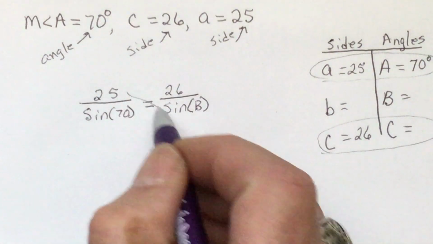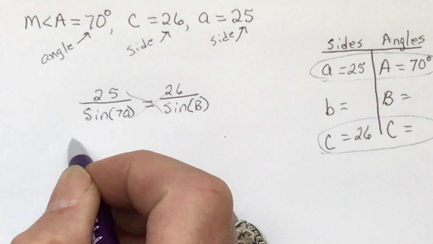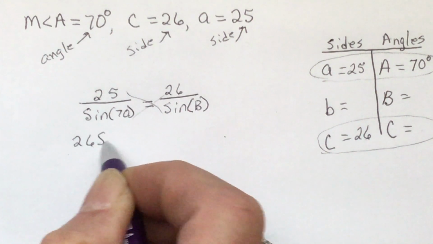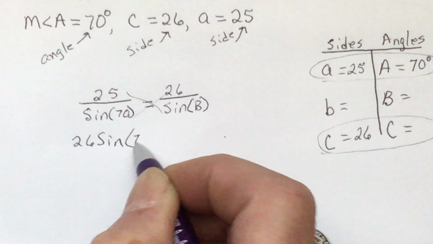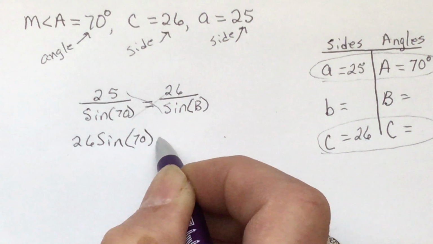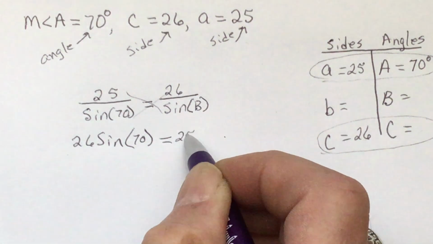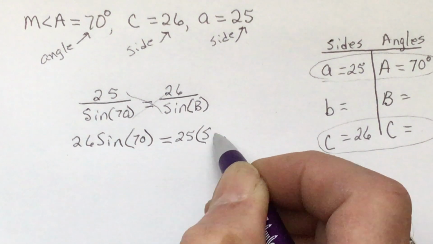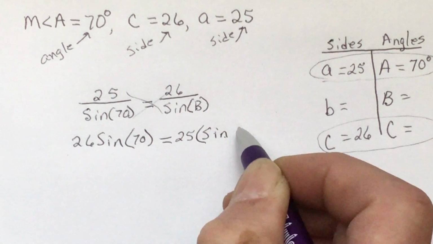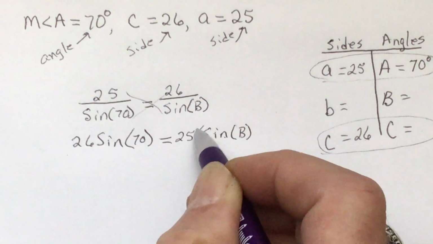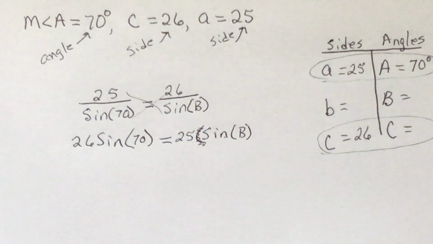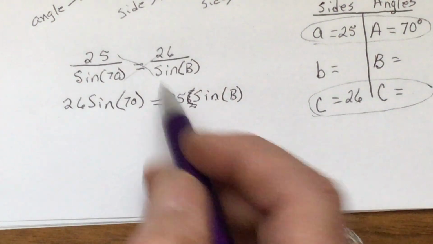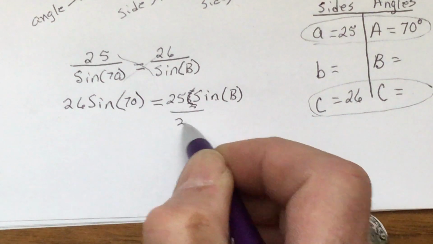Okay, cross multiply. So 26 sine of 70 equals 25 sine of B. I don't know why I put that parenthesis there. It's not needed. Divide both sides by 25.